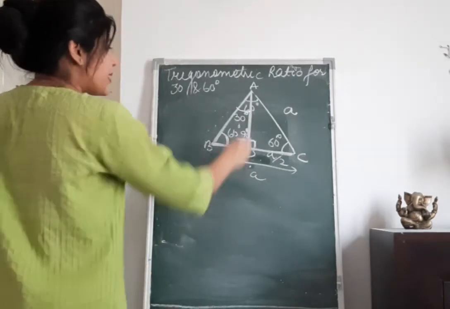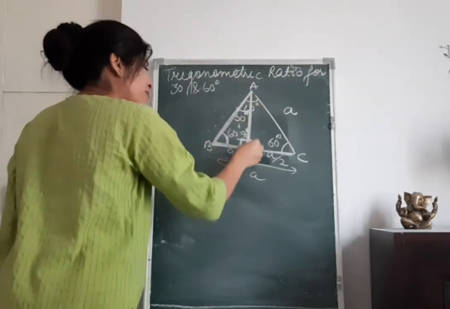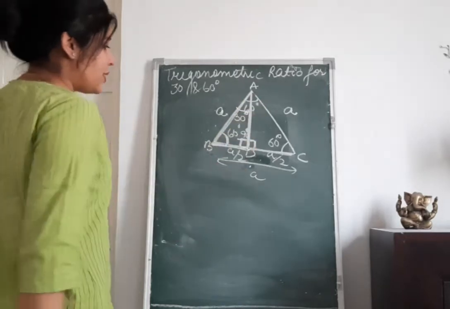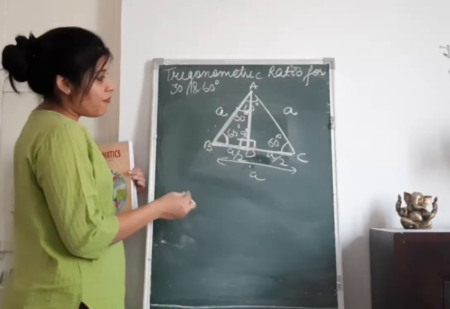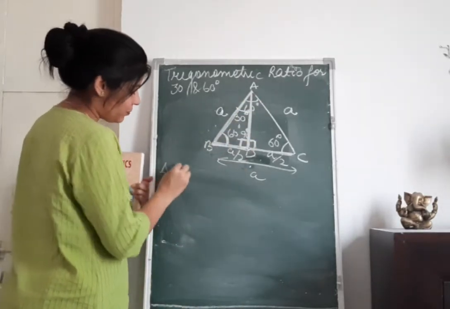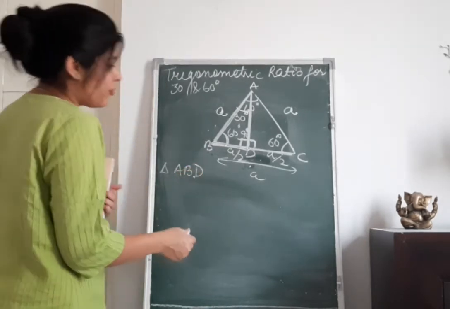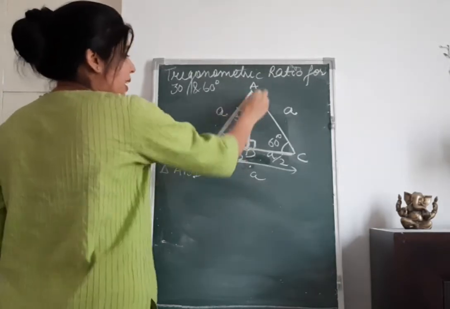Now let us just consider this triangle for our trigonometric ratios. So if I take triangle ABD, okay, I am just taking triangle ABD now.